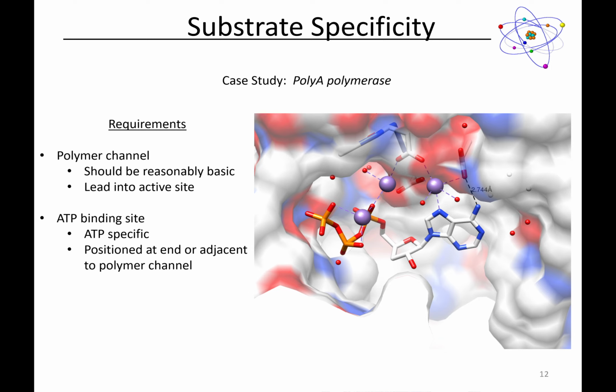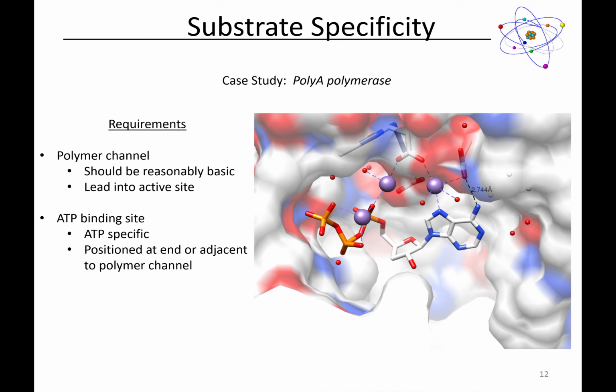Additionally, this interaction here between this nitrogen and this magnesium ion is important because it ensures that we're looking for purines, not pyrimidines. If this were a pyrimidine, this would be a 5-membered ring. It would be too big to bind here because that magnesium would exclude it. The magnesium is positioned in a way where it will not let a 6-membered ring bind here.